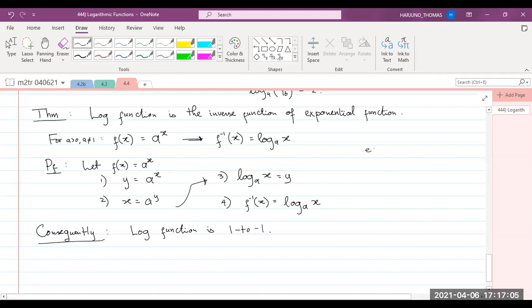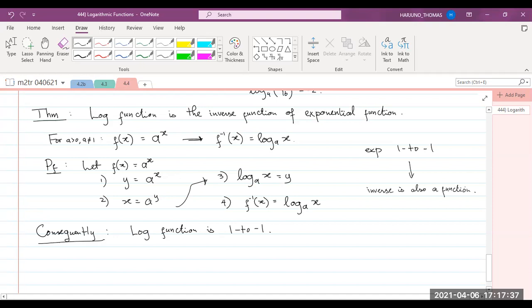And because it is 1-to-1, we can find the inverse function. Because the function is 1-to-1, the inverse is also a function.